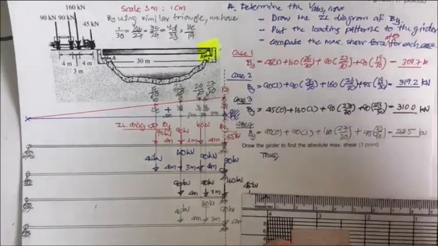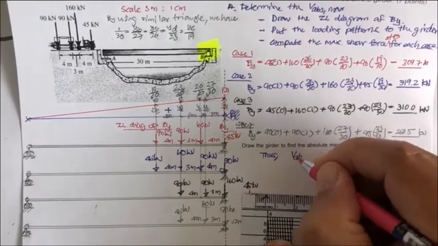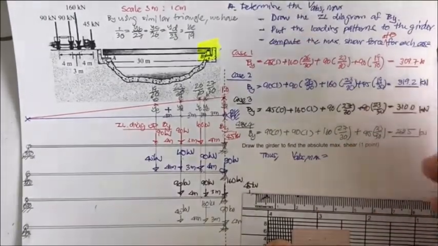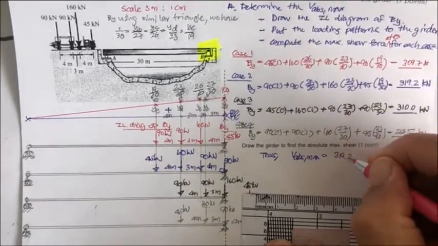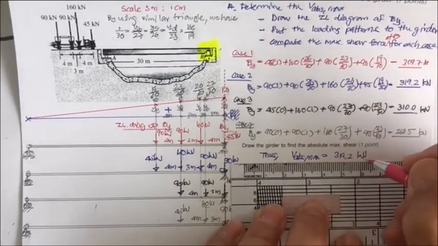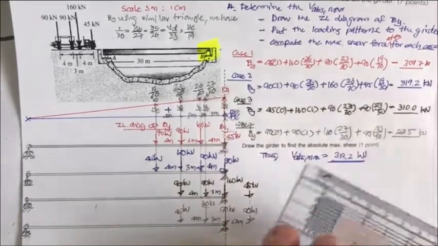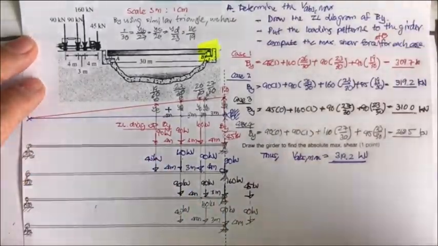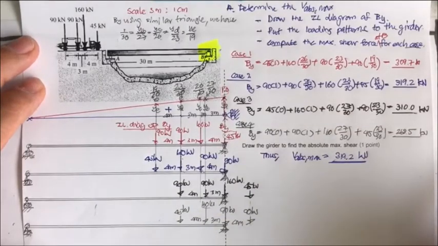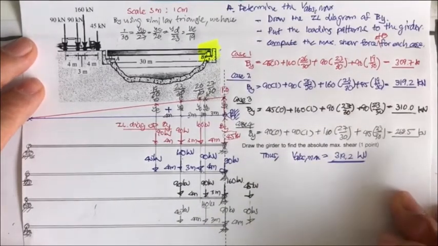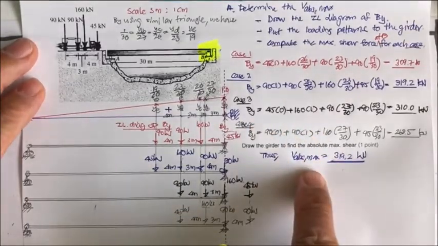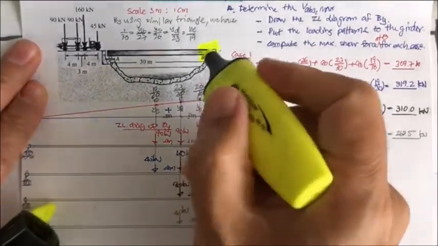Therefore we have V absolute maximum equal to 319.2 kilonewton. That is the absolute maximum. That means it's the maximum of the maximum, right? So you got this maximum occurring at B.